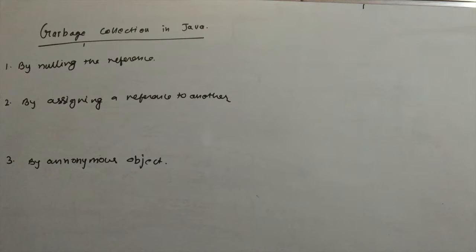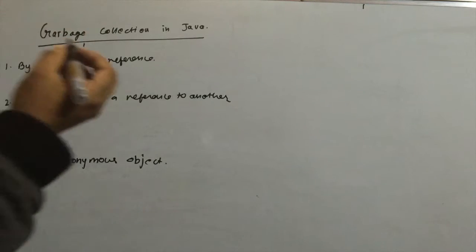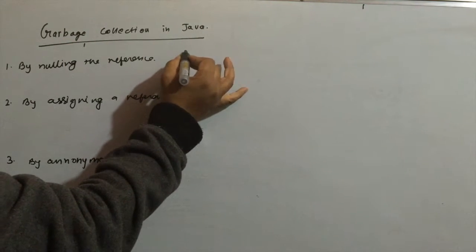So let's take an example of nulling an object. Suppose there is a Human class.